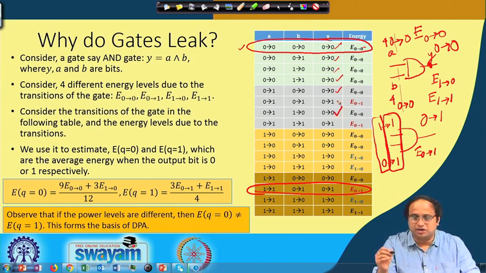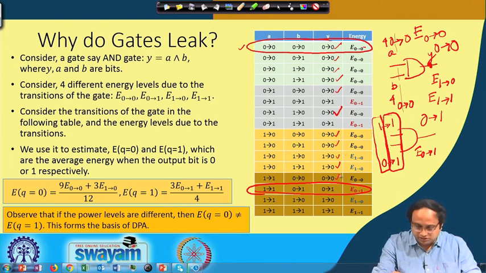Likewise, these two are also important, and we also have E1→0, which is shown here. All these are cases we are considering because the output gets transformed into 0.